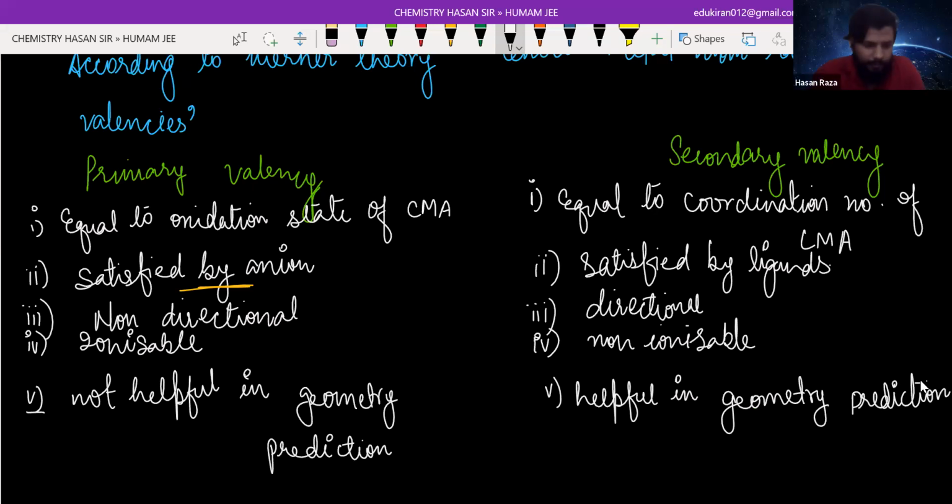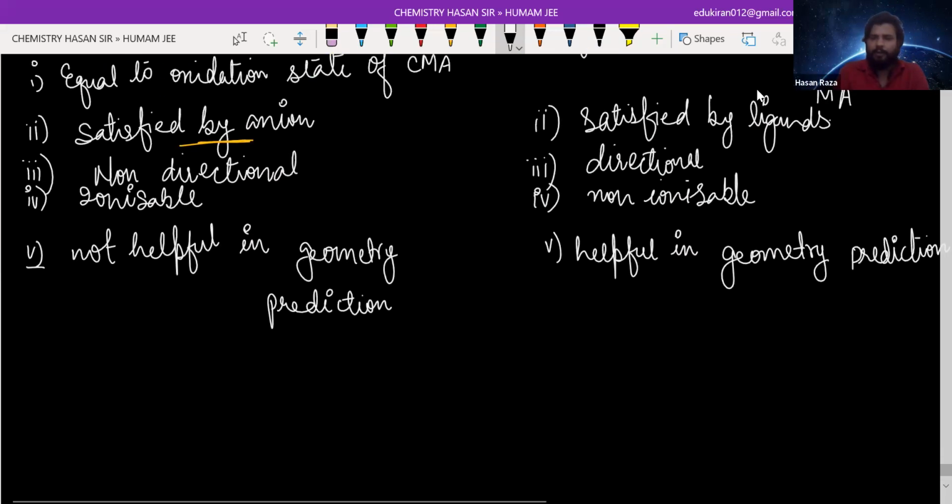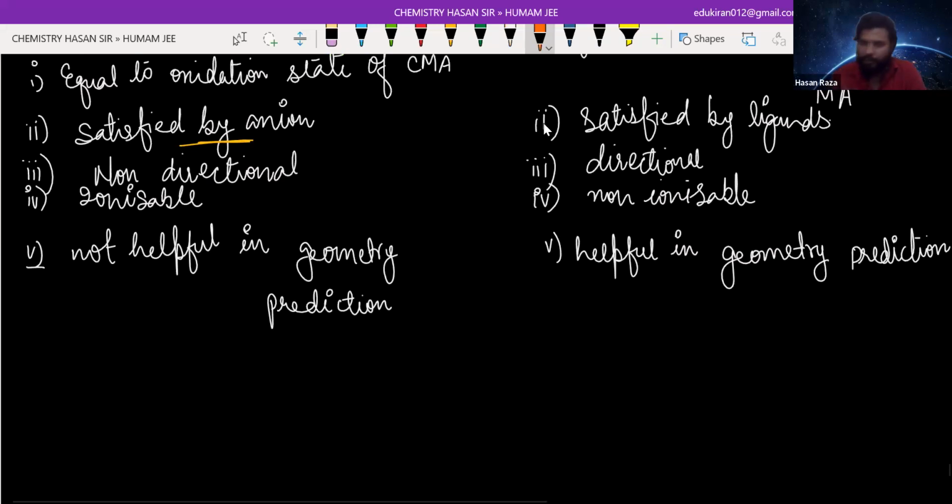Very simple it is. The last point was this. So you know that only this ligand comes into play for the geometric prediction, not the one outside the bracket. And for shapes, I'm going to write a point here.